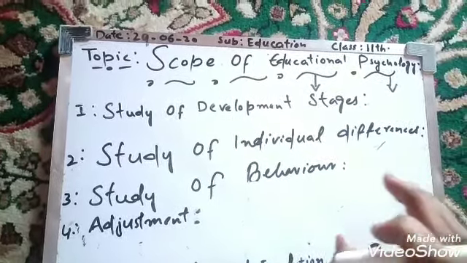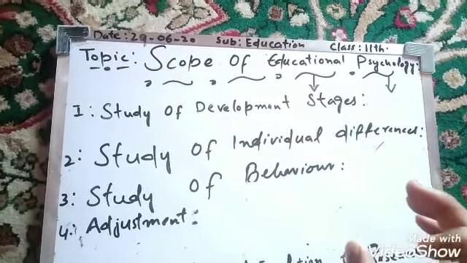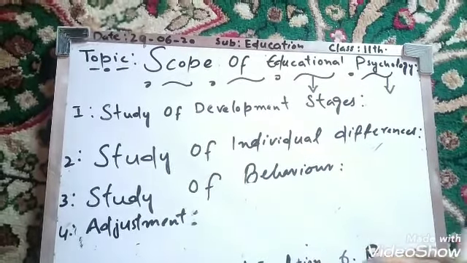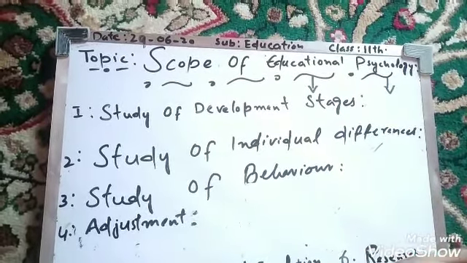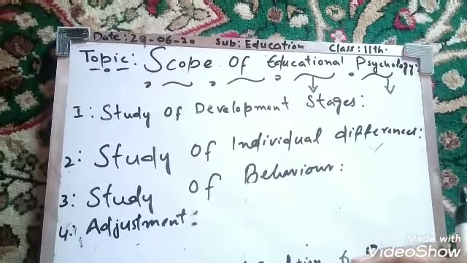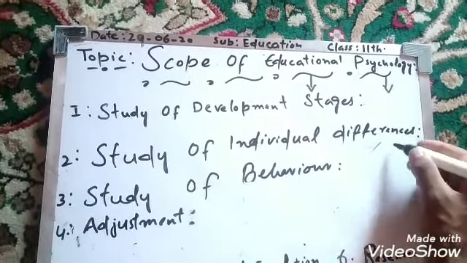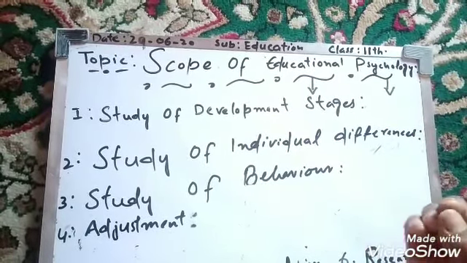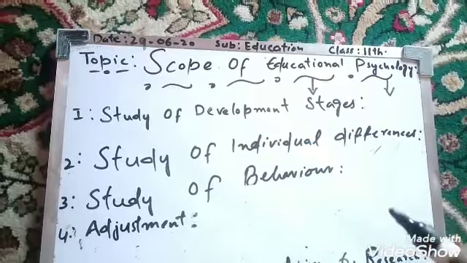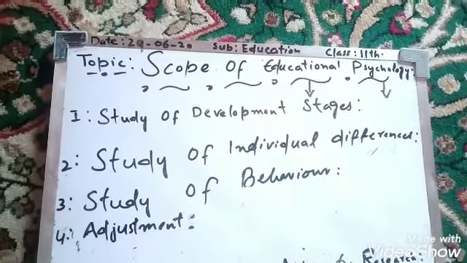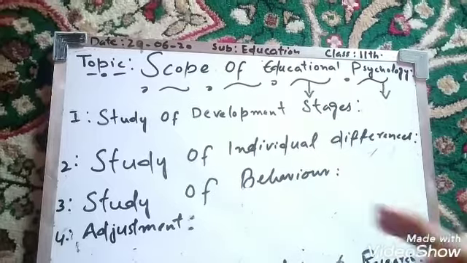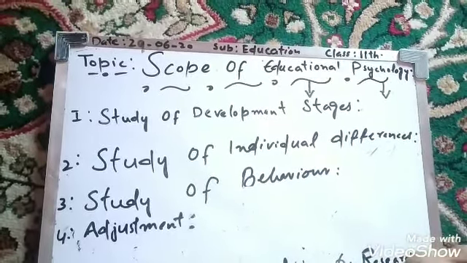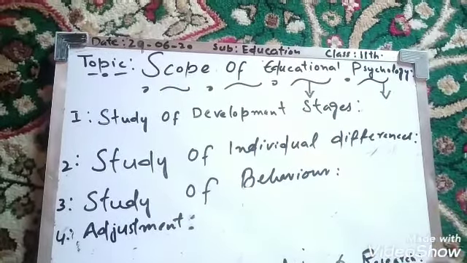So these things must be kept in mind while teaching the whole class. For example, if we have a group of 20 students, the students may not be the same in every respect. They may be different. So the teacher must keep these differences in mind while teaching the whole class.